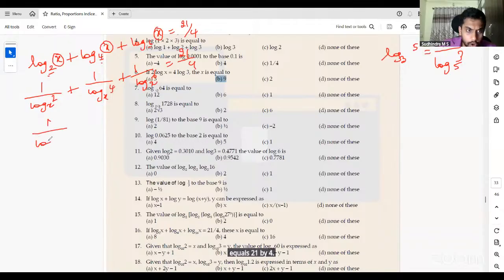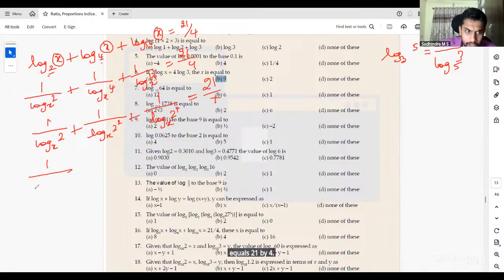1 by log 2 to the base x. Log 4 can be written as log 2 square to the base x. Log 16 can be written as 2 to the power 4 to the base x equals 21 by 4.